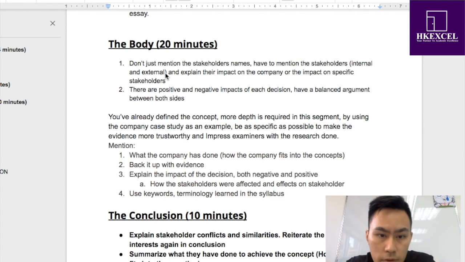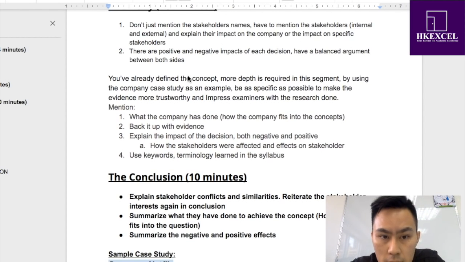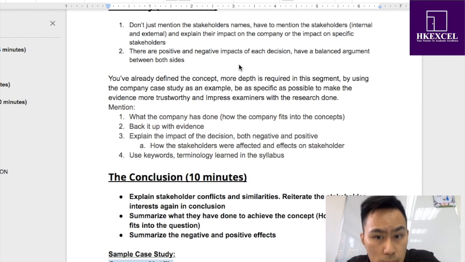So make sure it's all rounded, and explain their impact on the company or the impact on specific stakeholders, yeah. That's just an example for the stakeholders part, and there are positive and negative impacts of each decision. So make sure it's always a balanced argument between both sides, yeah.